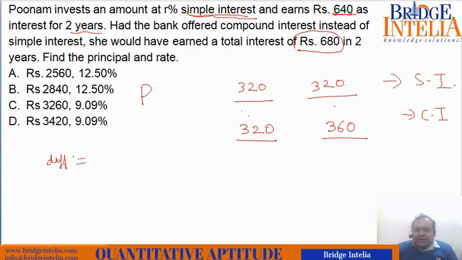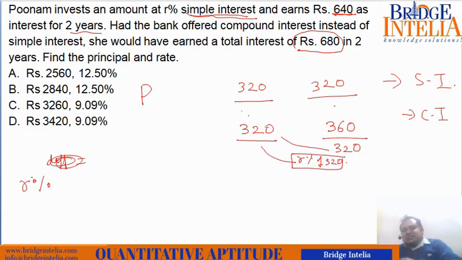Difference, rupees 40. It means second year this 320 you are definitely going to earn, plus R% of 320. So if R is the rate, this is the additional money that you have got for second year.